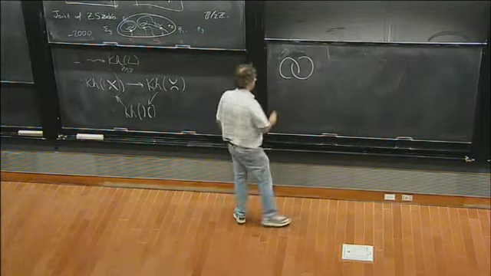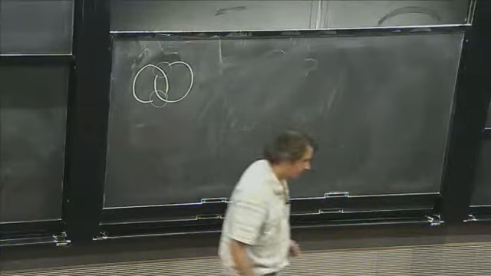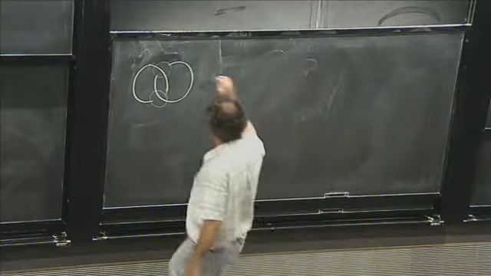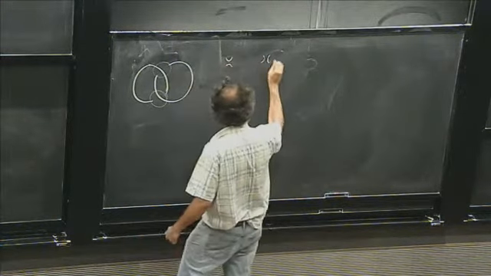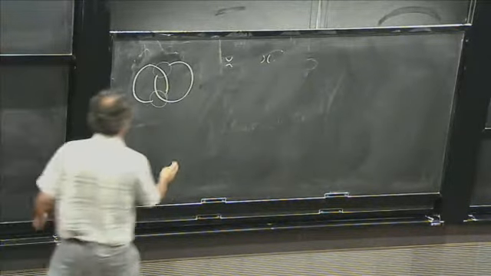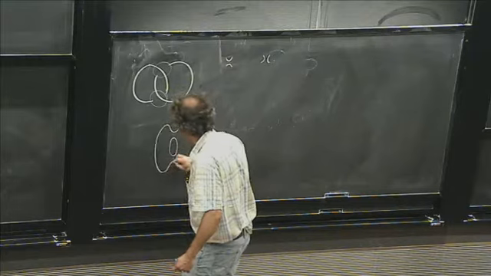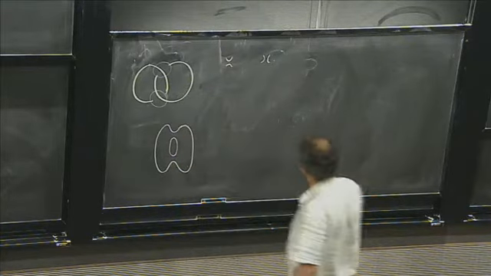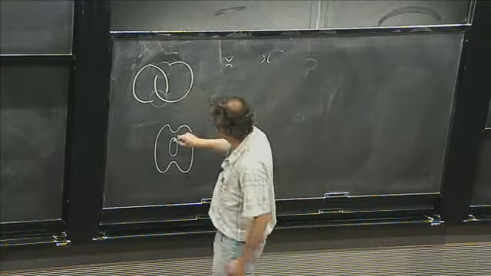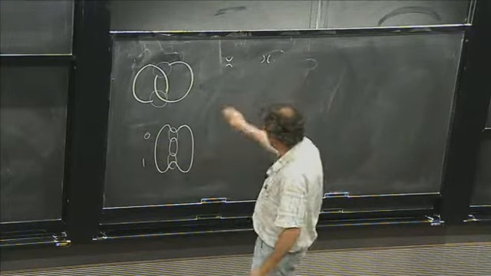link diagram. You number the crossings, and at each crossing, you can either stick a 0 on it or a 1. If I order the crossings, then I now have a cube. So here I put 0, 0.